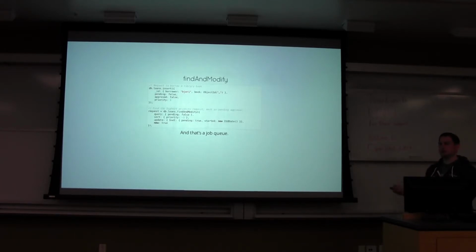If I didn't care about the sorting, I could probably just use a normal database update, but this allows me to do the full amount of a query that find would allow, and combine the update statement in one operation. This will all happen atomically, so I'll make sure that for the thing I find and immediately update, nothing else got written to the database in between. So at that point in time, I did service the thing of highest priority.